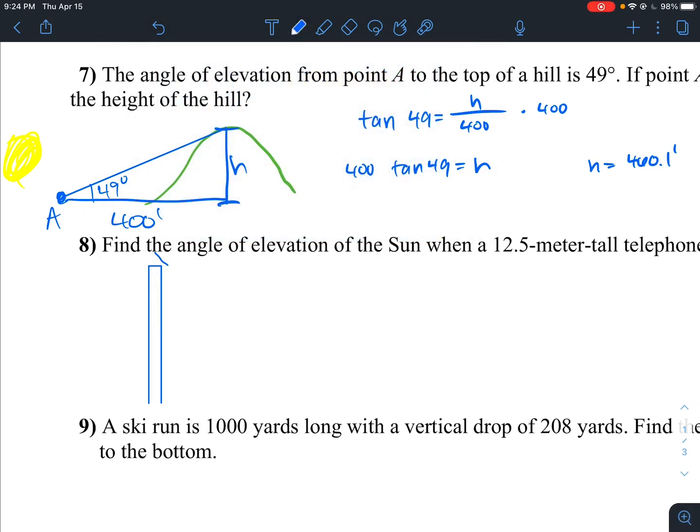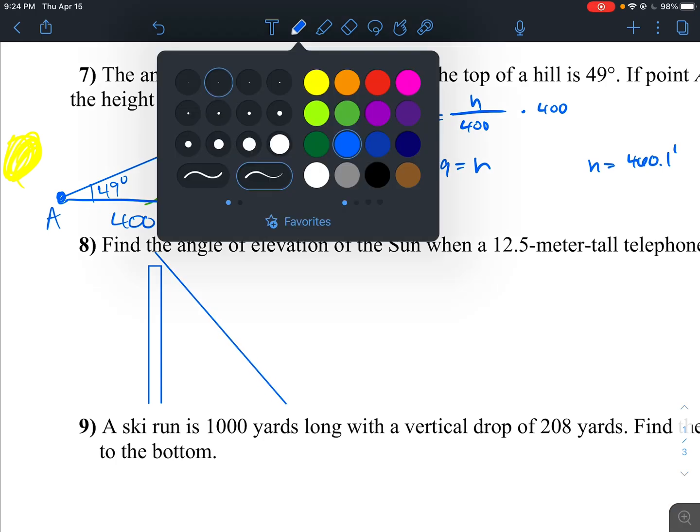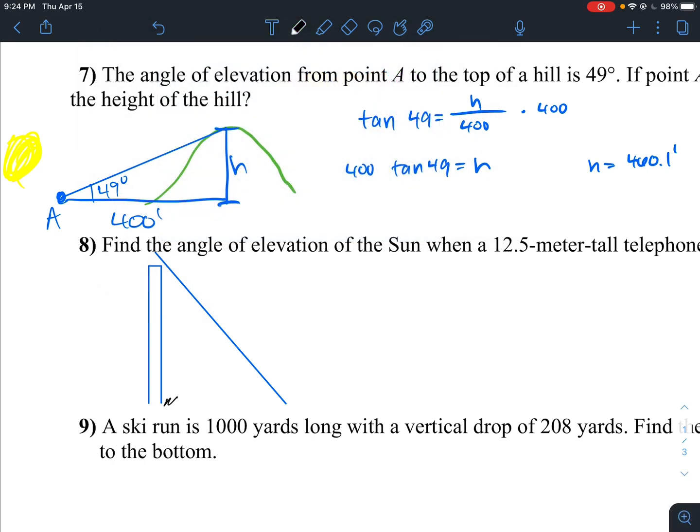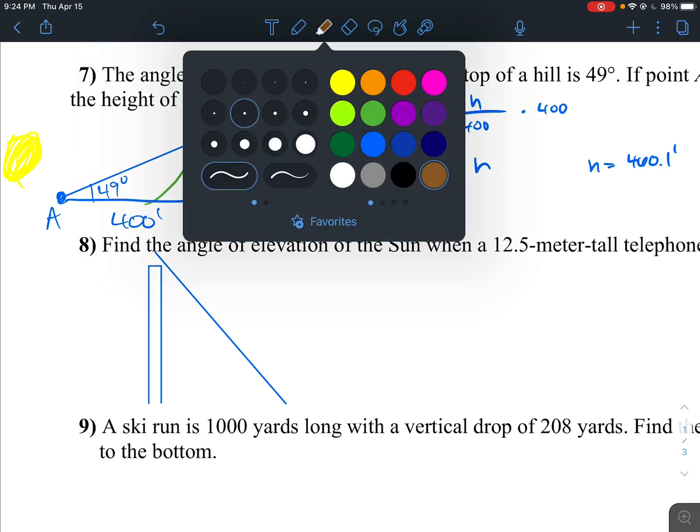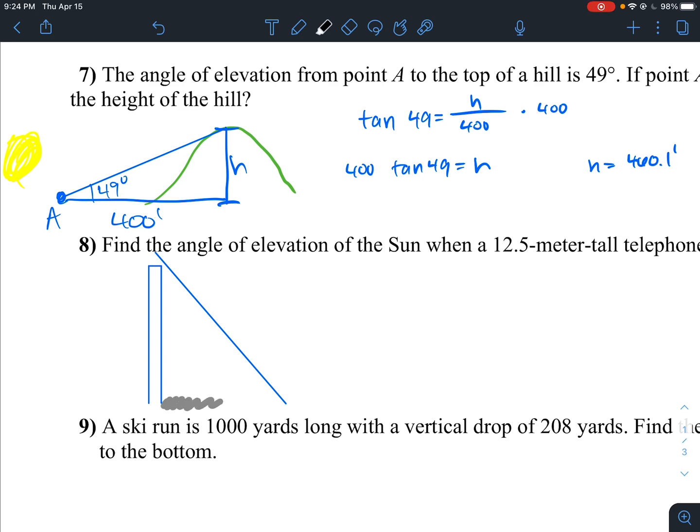So I'm going to draw a line like it's casting a shadow right here. Let's get a black highlighter here. So here's the shadow of our telephone pole right there. Okay, you see how it makes a triangle, right?